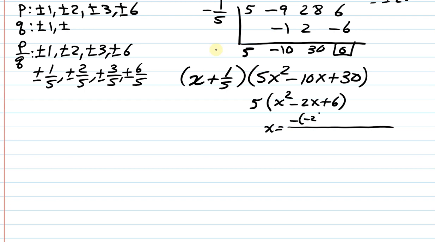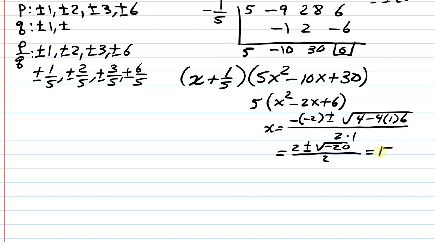Negative b plus or minus the square root of b squared, that's 4, negative 2 squared, minus 4ac, divided by 2 times a. That's going to be 2 plus or minus. The radicand is going to be 4 minus 24, which is negative 20. Square root of negative 20 divided by 2.